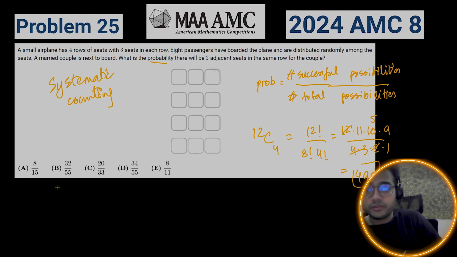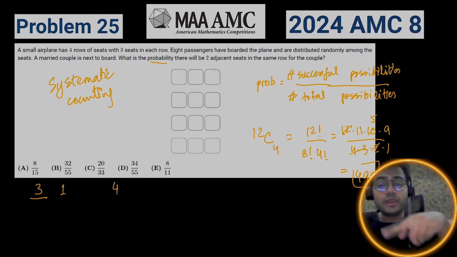One scenario is that, of the four empty seats, three seats in the same row are empty, and then there is one extra seat. How many possible ways can this happen? For the row with the three seats empty, there are four ways to choose that row. And then the remaining one seat can be any one of the remaining nine, right?